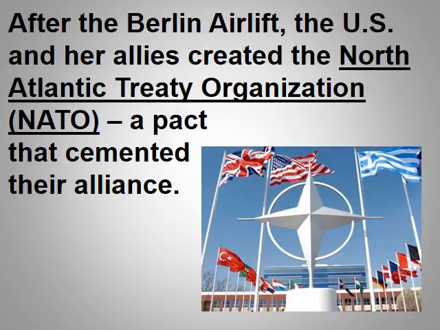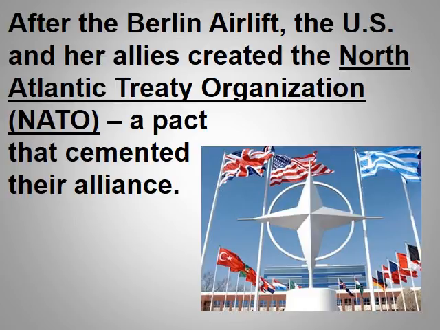So the Allies come together and they create the North Atlantic Treaty Organization, NATO. It's essentially a pact that cements the alliance between these various allied nations. Okay? Now the most important part of this pact is called Article 5. An attack on one country that's part of this organization would be an attack on them all.